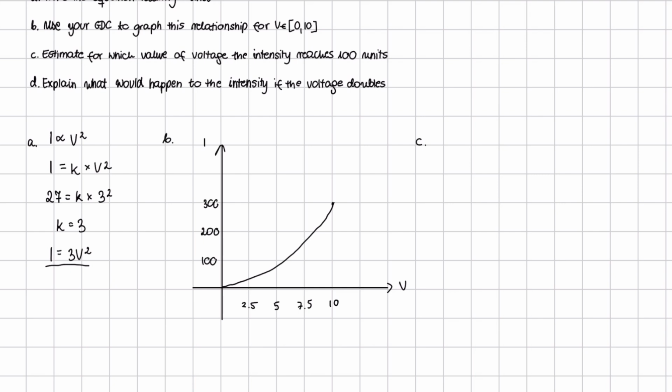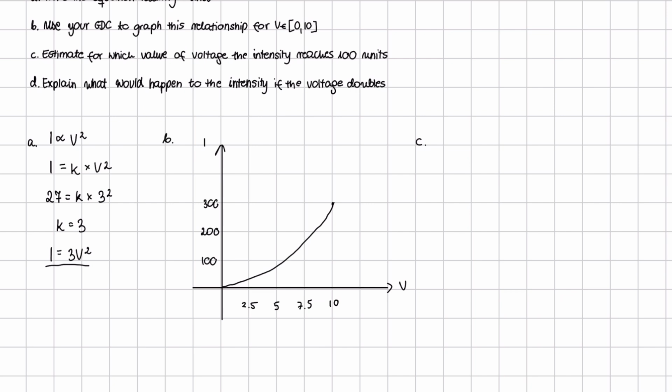And in C, we have to estimate for which value of voltage the intensity reaches 100 units. So we have to substitute 100 into our intensity, so into our I, and we are looking for V, so voltage.